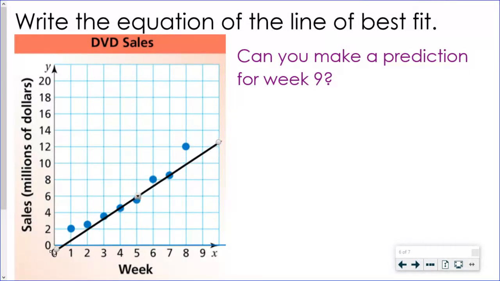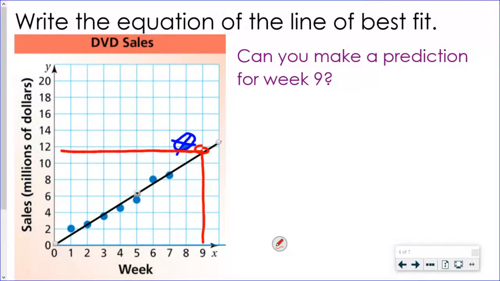This top point here is almost an outlier. So I'm just going to kind of ignore that and see if I can hit the rest of them. So now there's my line, and all I want to do is predict week 9. So I go up to week 9, and then I go over.